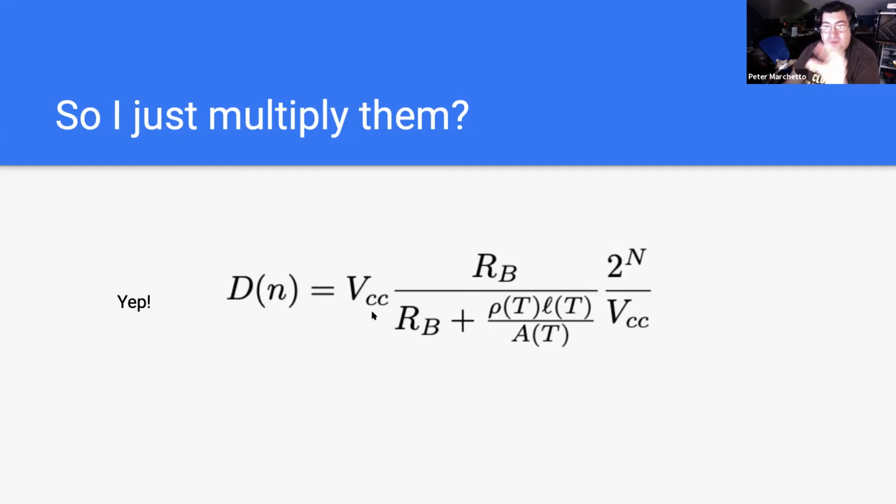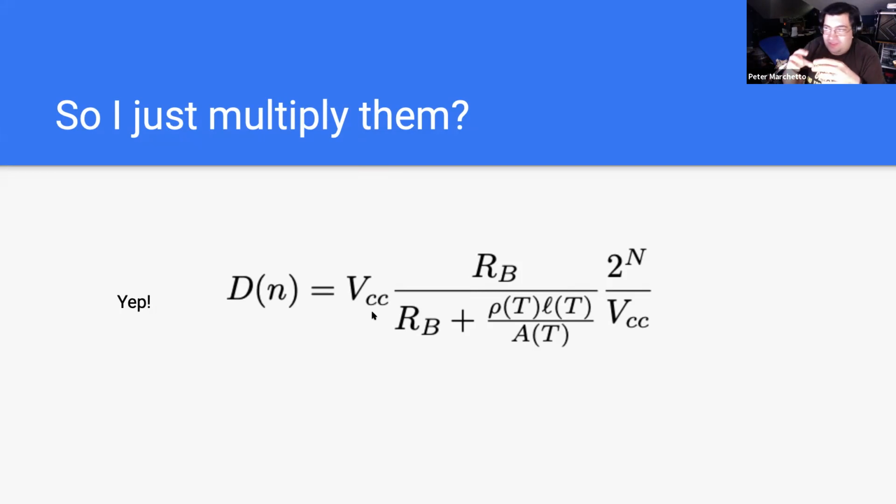It's equal to VREF, sorry, I say VCC here, I should say VREF, the reference voltage that we're working with, multiplied by the bias resistor that we saw before, RB, divided by the bias resistor plus the resistance of the thermistor, the actual temperature measurement probe.